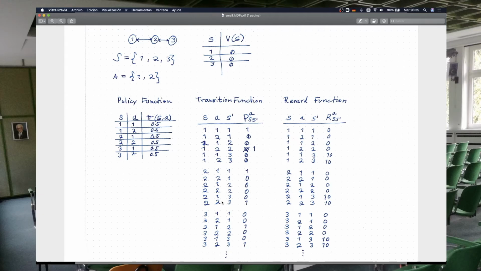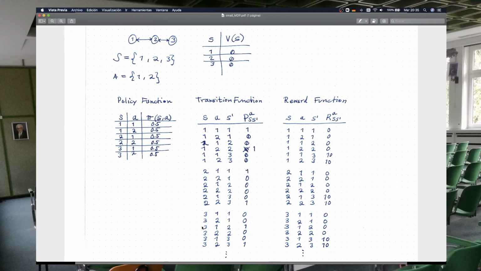If we look at this entry, if you are in state 2 and you move right, you will move to state 3 with probability 1. All the other possible combinations are impossible, so the probability is 0.